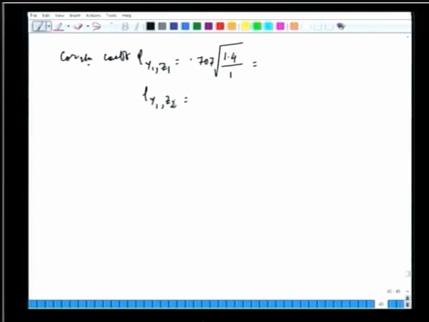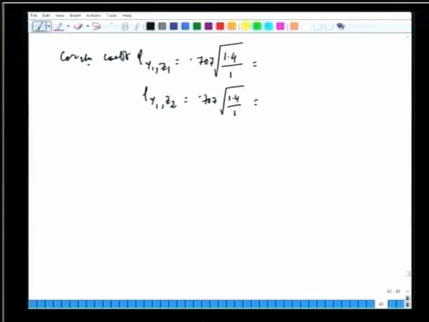So, this is going to be E_ij, that is, I am going to use the first element of the second vector, that is again 0.707. I will consider root of 1.4 and 1 here.